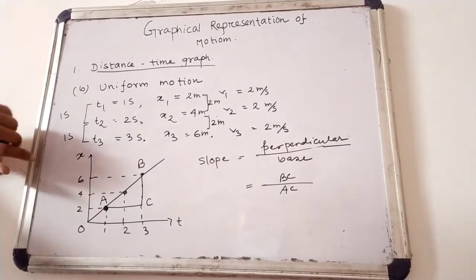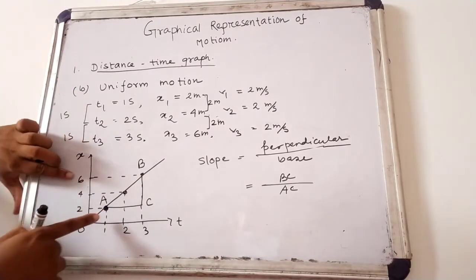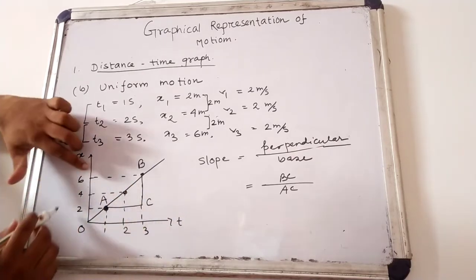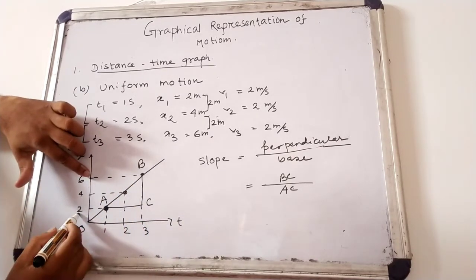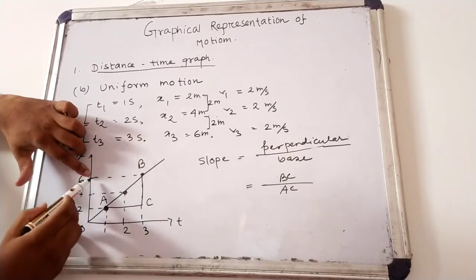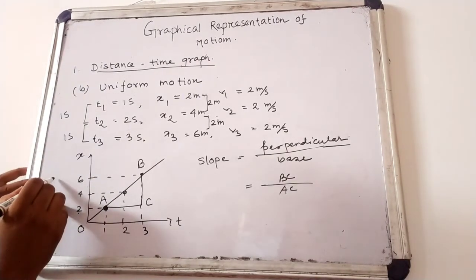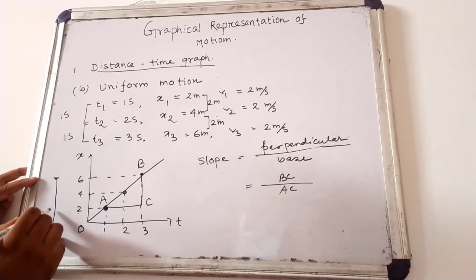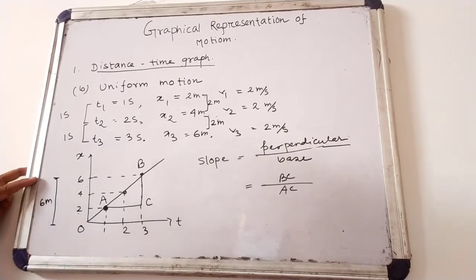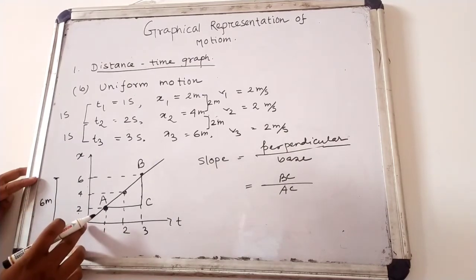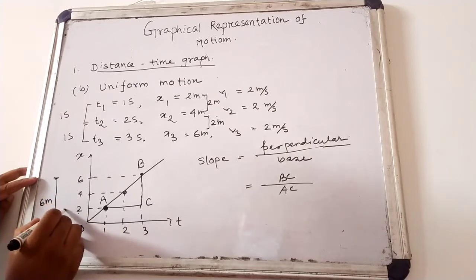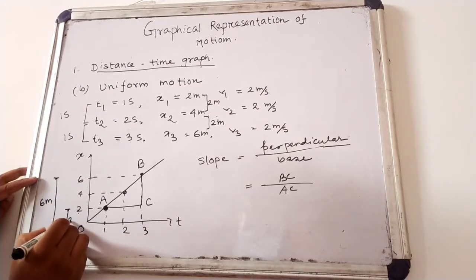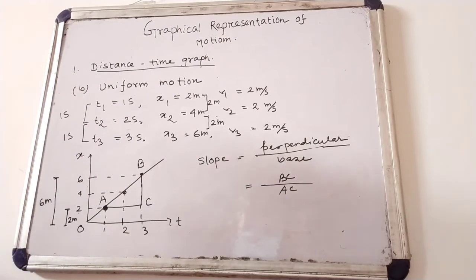Now BC means what? This point is 6 and C is 2. From O to 6, this distance is 6 meter, and O to C, this is 2 meter.